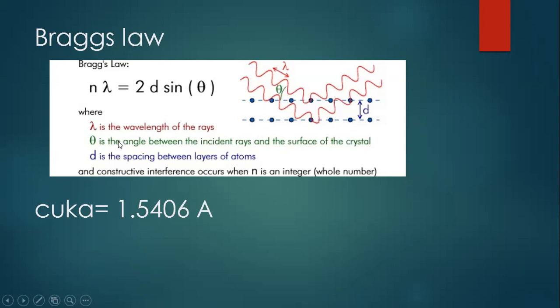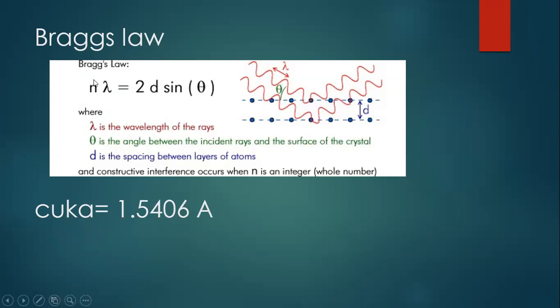Lambda is the wavelength of the rays, and we deal with Cu K alpha, and in the next slide we will explain why. The wavelength according to Cu K alpha is equal to 1.5406 angstrom.